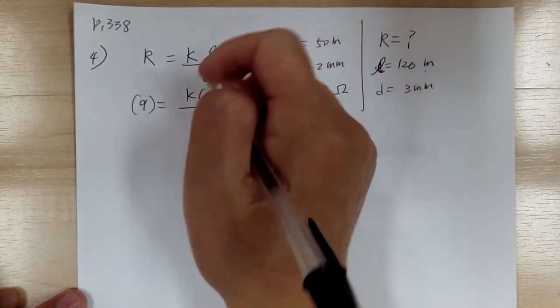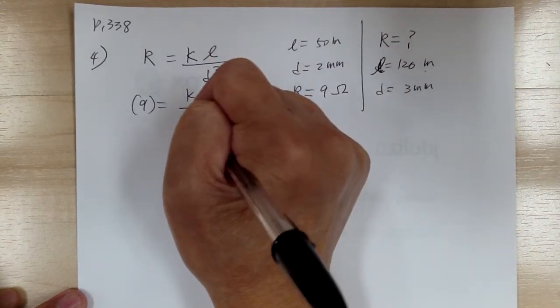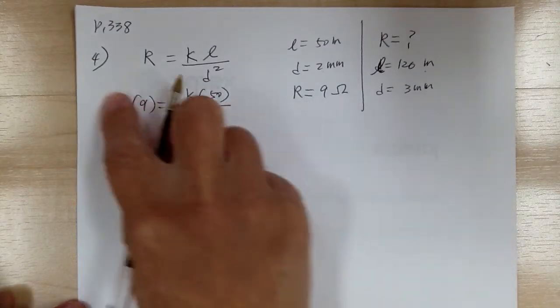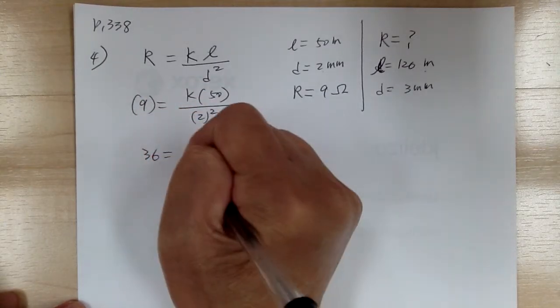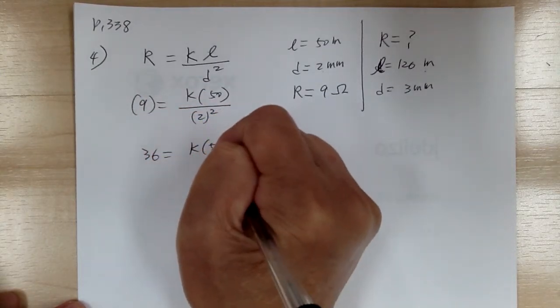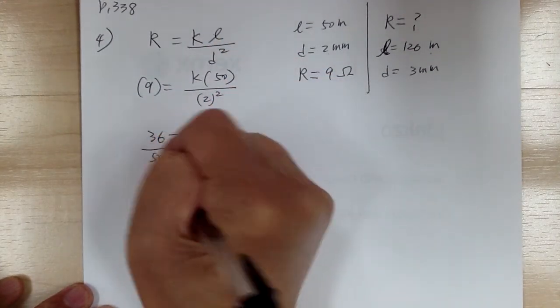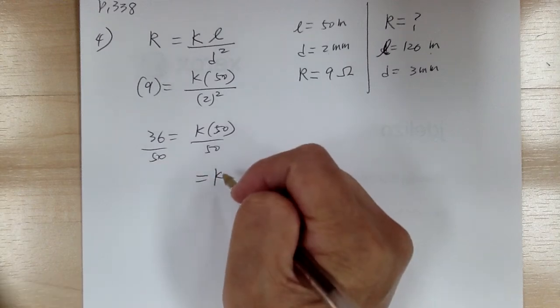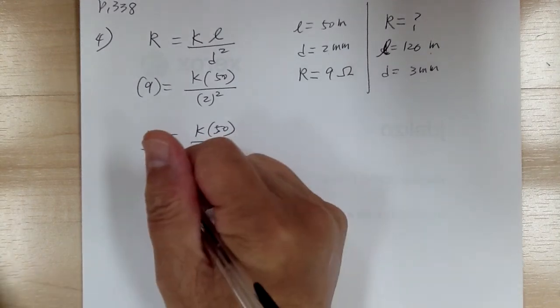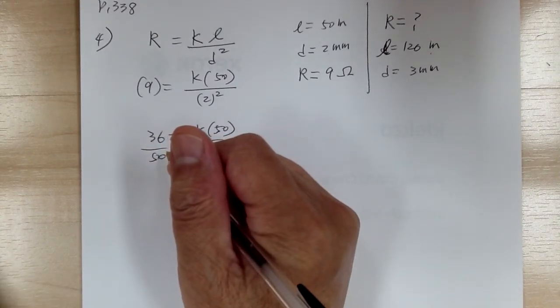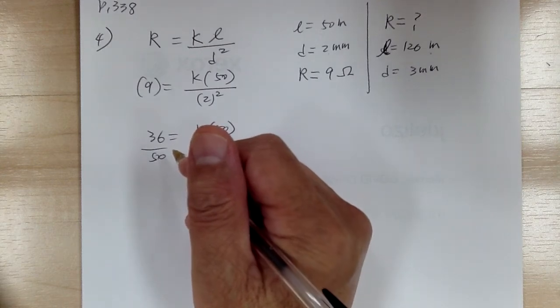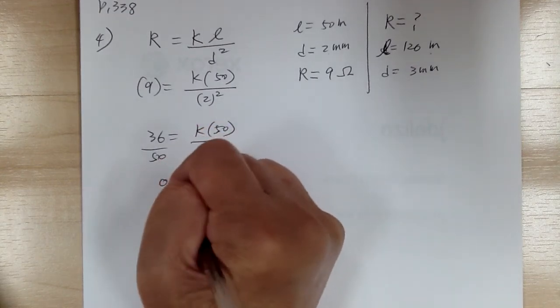This is 2, so I'm going to make it 2 squared. Cross multiply, you get 36 equals K times 50. Divide by 50, so K equals 36 divided by 50, which comes out nice, so you can use decimal: 0.72.